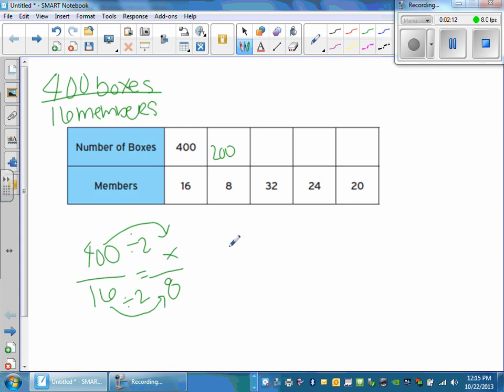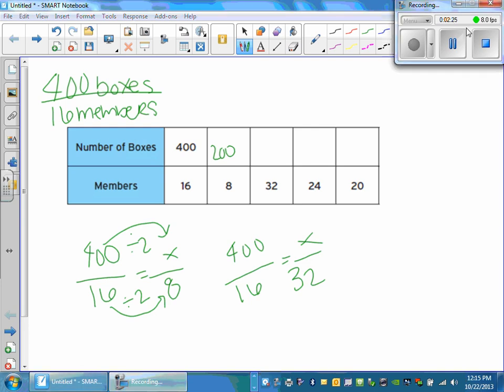We can set the next one up as a proportion also. These are all equivalent to each other. It's basically like having a bunch of fractions set equal to each other.